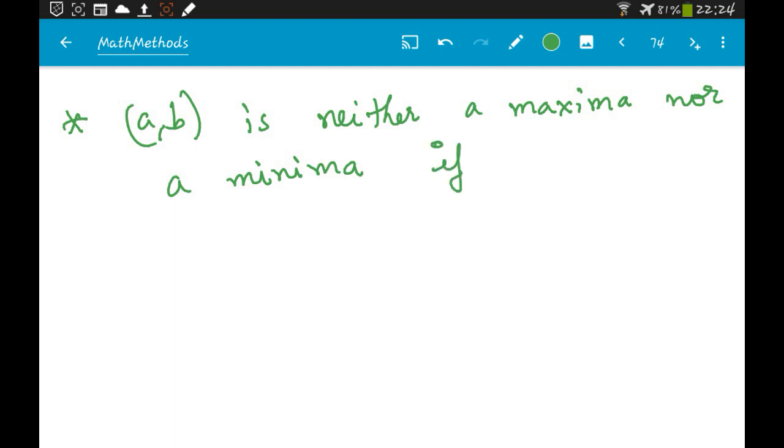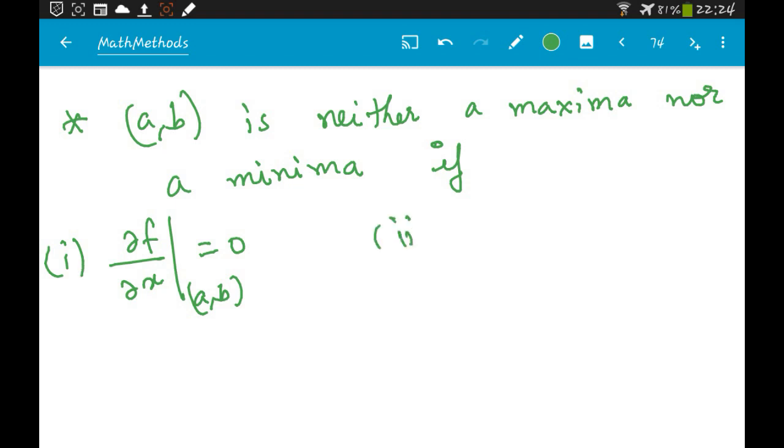if dou f by dou x is 0 at a comma b. So this is condition 1. Condition 2, dou f by dou y at a comma b is 0.